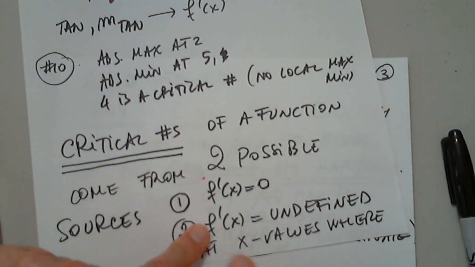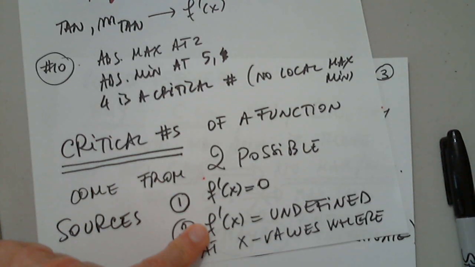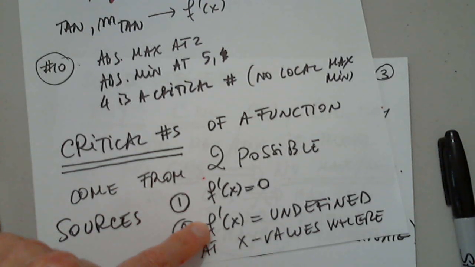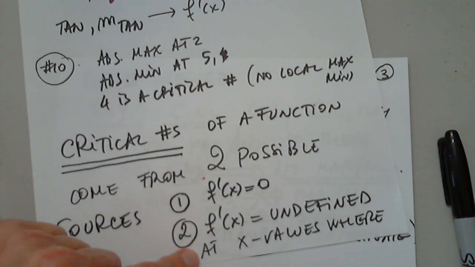What does this mean? Okay, back to our graph. I'm going to save this. I really like it. I'm going to use it again. So, for example, here, the derivative is undefined at r. The function exists, and it has a relative max.